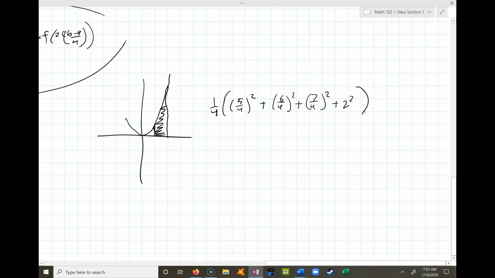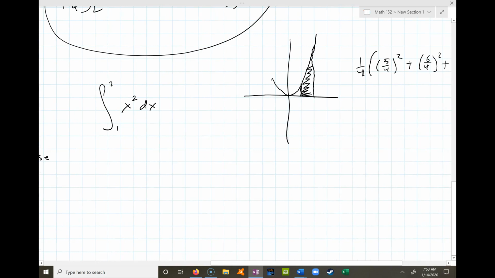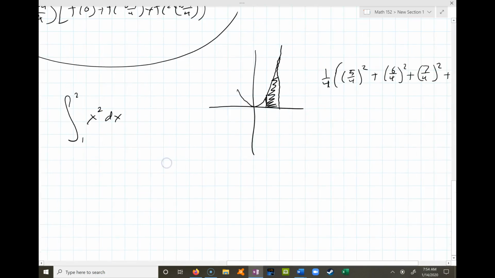And I could approximate the area. But what the fundamental theorem of calculus part 2 is telling me is that I could do this more easily and actually find the exact area by just finding the antiderivative of x squared.